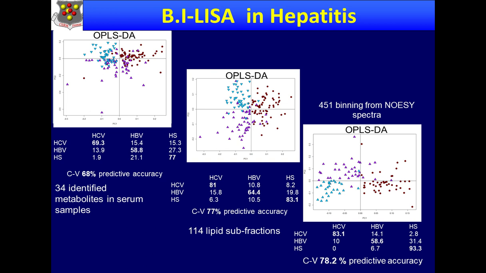I should say that these were not identified by the Bruker software because this was before, but still it's a very similar thing. And you see that the predictive accuracy among the different groups, so hepatitis C, hepatitis B, and healthy subjects, is not so high, 68%.